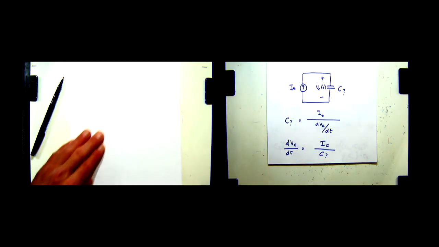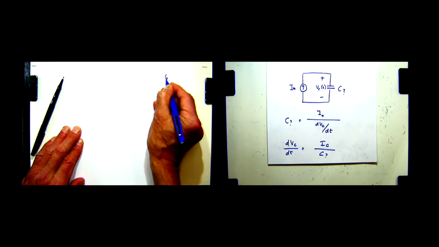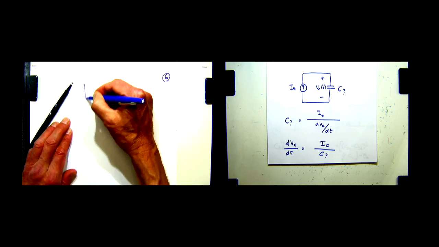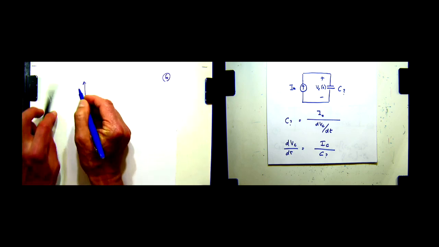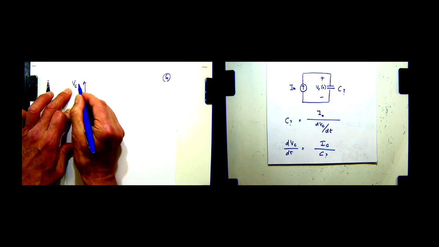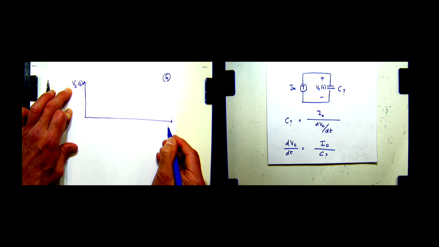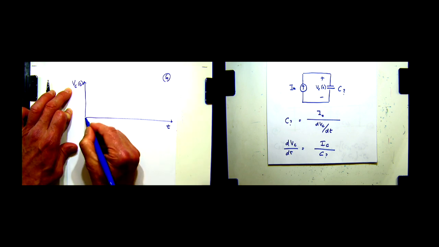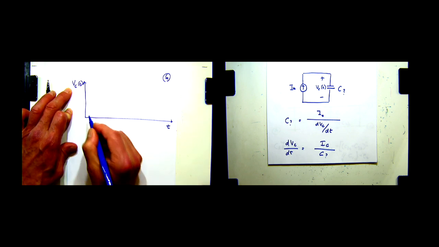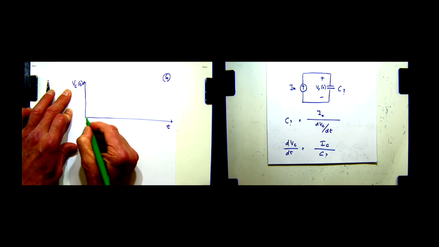We're going to plot V_C, which is a function of time, as a function of time. It's going to start at some initial value. Let's pick 0.